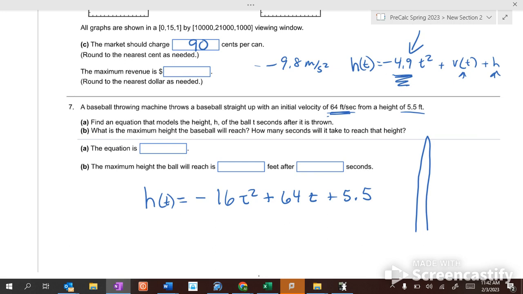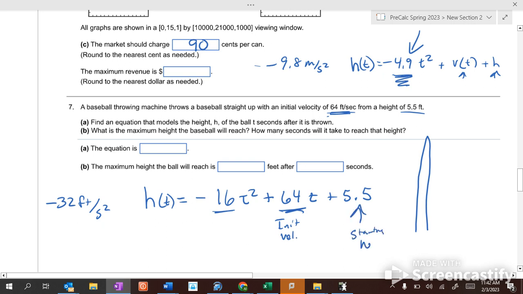So when we're dealing with feet per second, the acceleration due to gravity is negative 32 feet per second squared, so you go 1/2 of that. And then this is your initial velocity, and this is your starting height. Okay, so this is your equation.